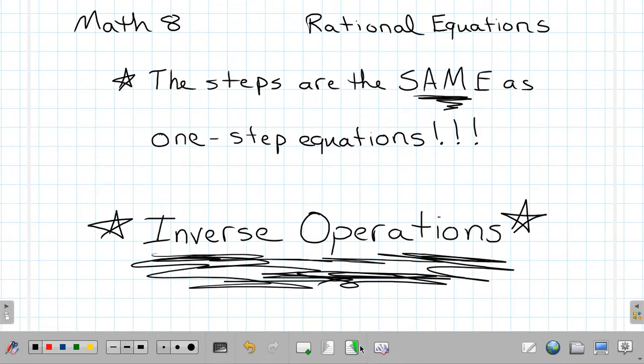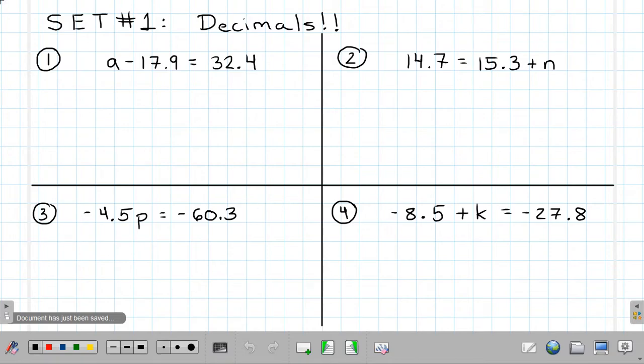Set 1 on the sheet all has to do with decimals, numbers 1 through 12. I'm going to go through these pretty quickly because the steps work just the same as what we would do with whole numbers or integers.